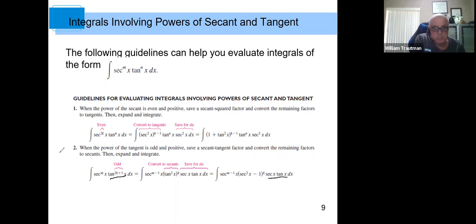So we're using this rule here. Even though our secant power is a negative 1/2 right now, our tangent is odd. We're going to take a secant tangent out and convert everything to secant.